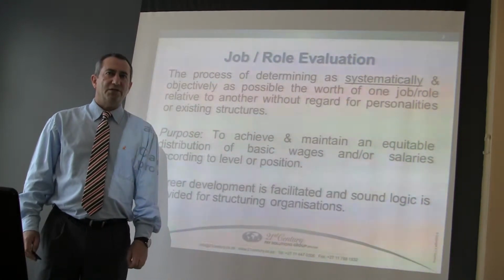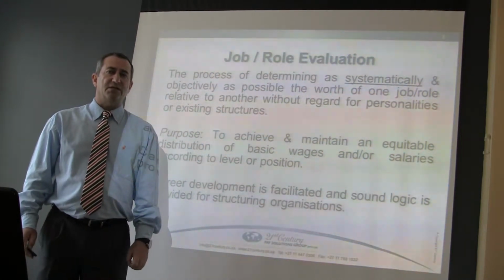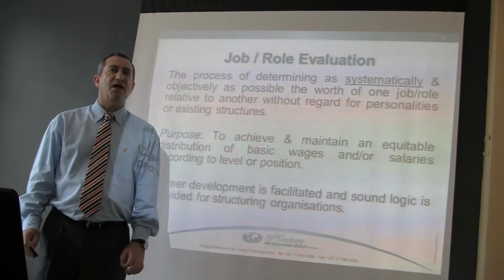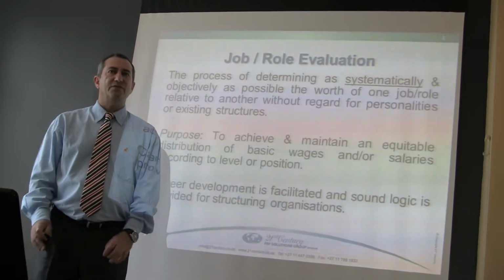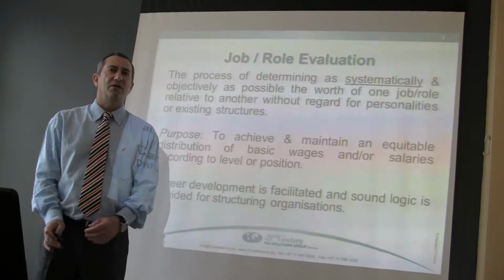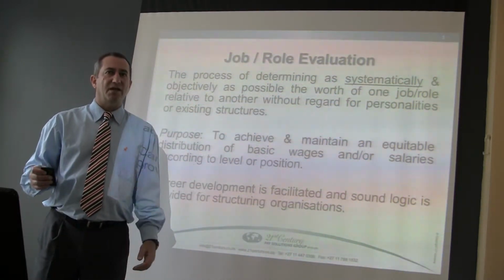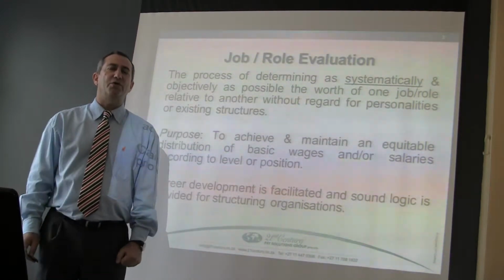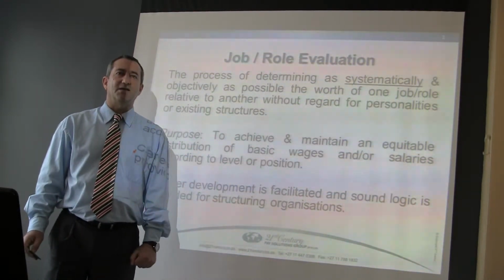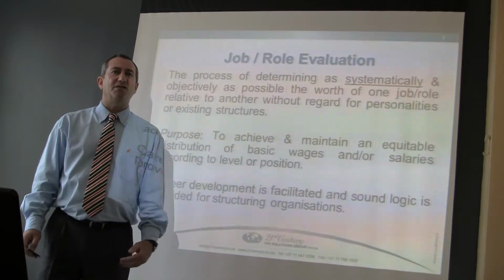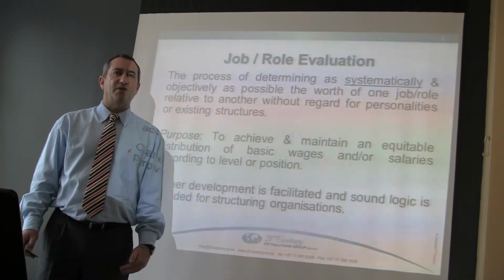It's important to notice that job evaluation is a systematic process. It's not a scientific process. Even if it's computerized and even if you're using a lot of science, most folk try and get it as scientific as possible, but where you deal with people, it is systematic. So we talk about a systematic process at the end of the day.